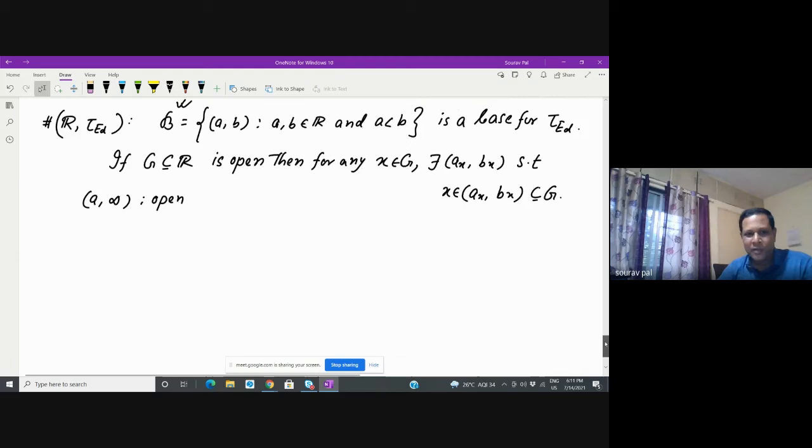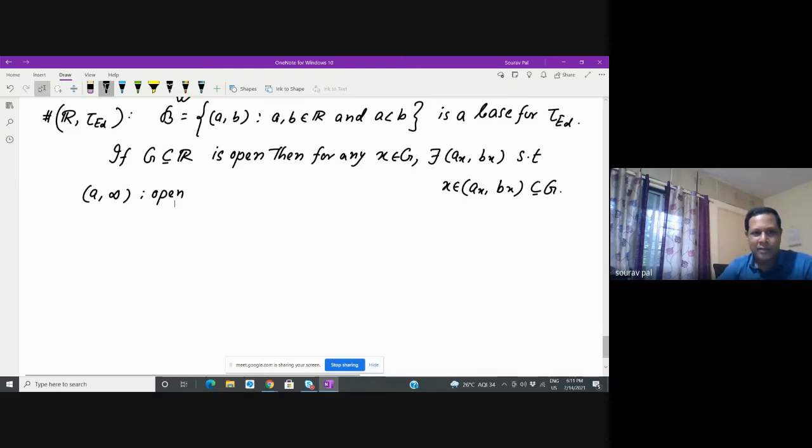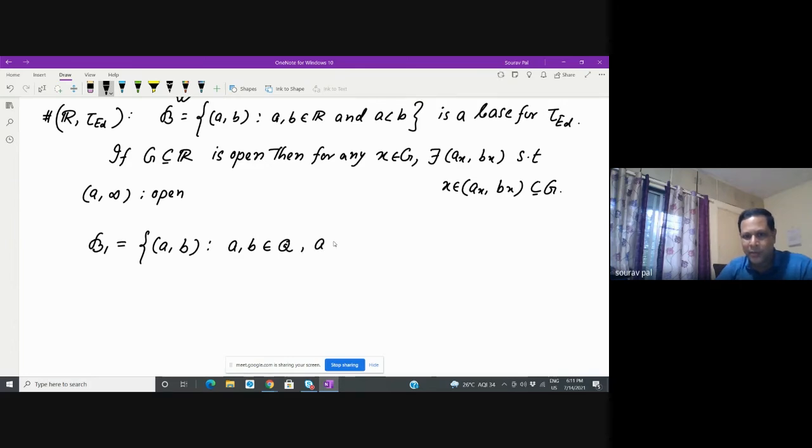Thank you. So if you collect this set, call it B1, and collect (a, b), where a and b come from the set of rational numbers, and a is less than b, then this is also a base.